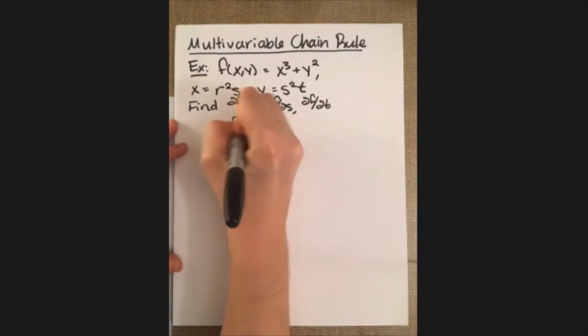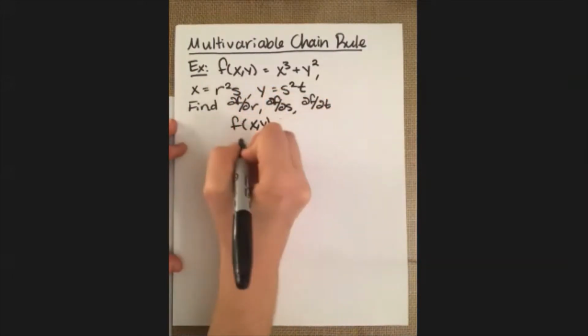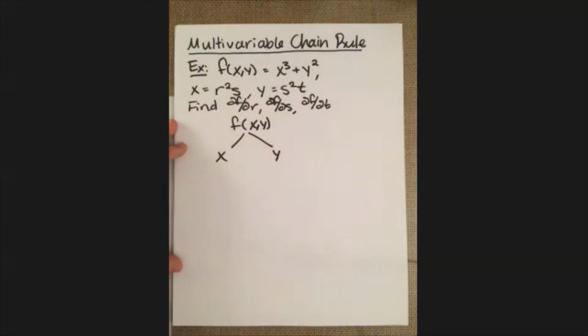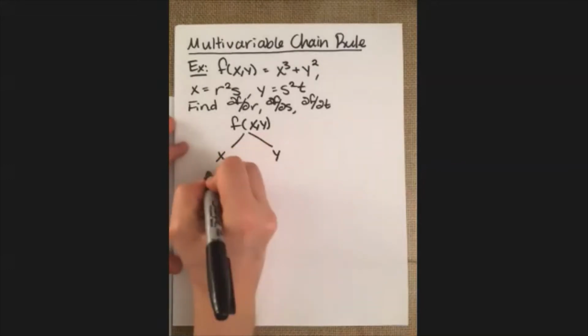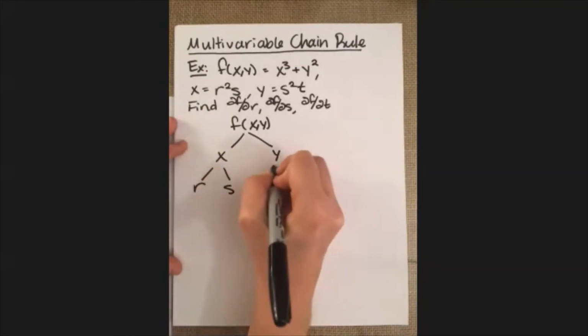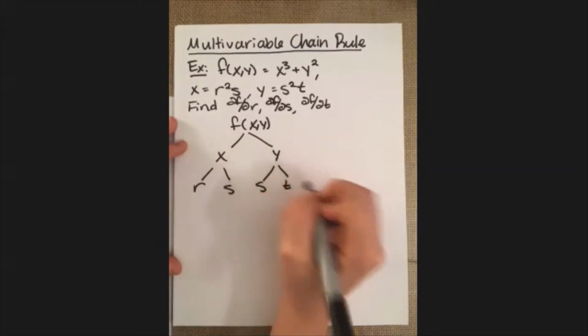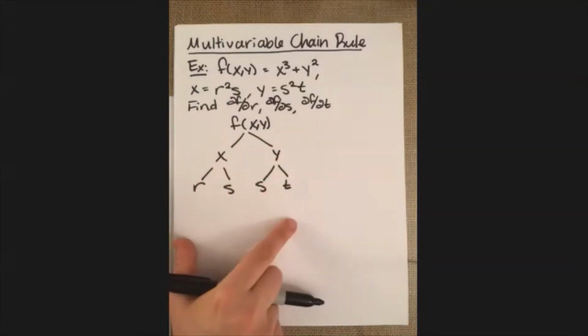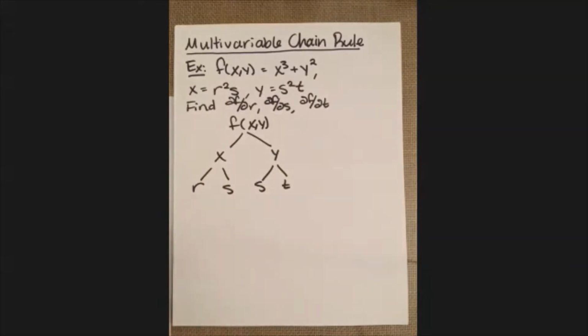So f of x, y is obviously dependent on x and y. But then x and y are each also dependent on things. x is dependent on r and s, and then y is dependent on s and t as well. I really like working with these diagrams because I think it helps keep everything organized, so I strongly encourage that you draw out one of these, and I'll show you how this works.